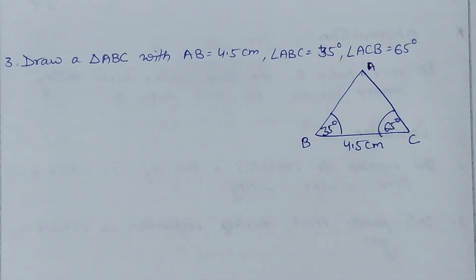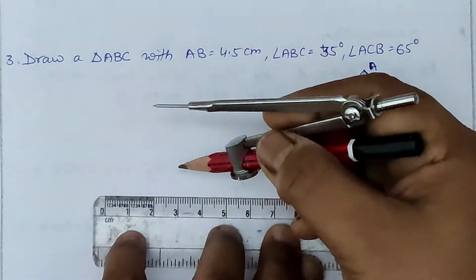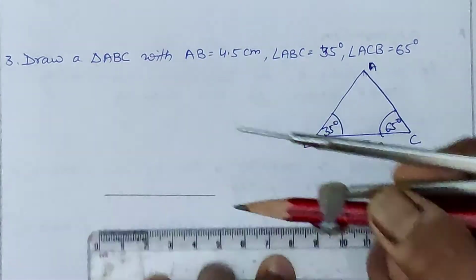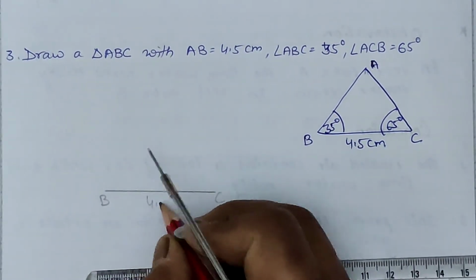Okay. Now the very simple construction. BC 4.5 centimeters.